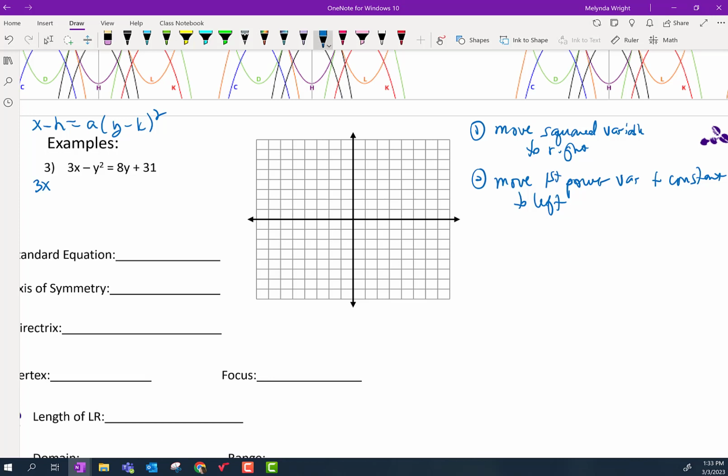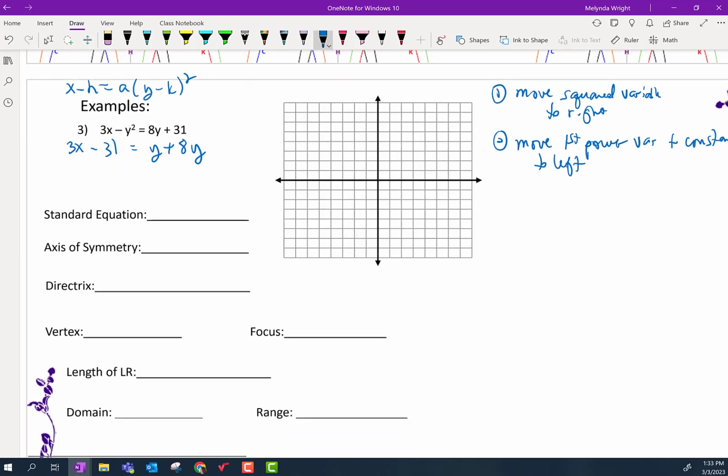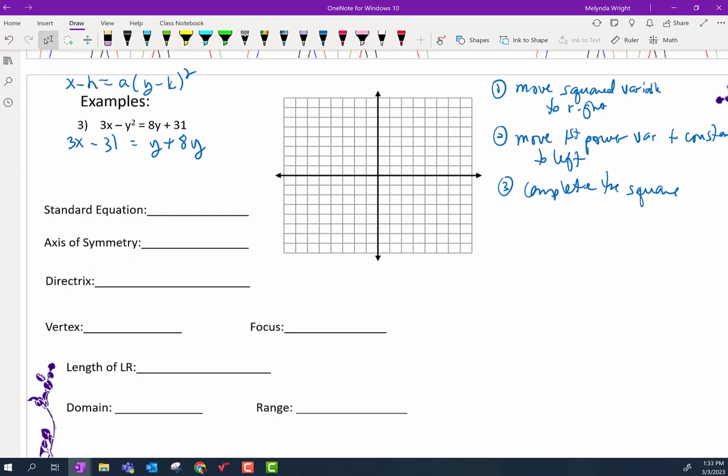So I've got 3x, and I've got the constant of 31. Then I've got moving the y squared over, and then I've got the 8y. Okay. Number 3, complete the square. Gosh, I can't write. Complete the square. Sorry for the messy writing. Okay, well, this time we don't have a leading coefficient of something other than 1, so great.